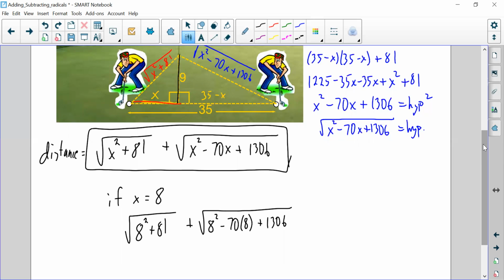So the square root of 8 squared plus 81, plus a new square root, 8 squared minus 70 times 8 plus 1,306. You press enter and I get about, we'll round it to 41, about 41 feet. That would be the total distance. One path plus the other path would be 41 feet.